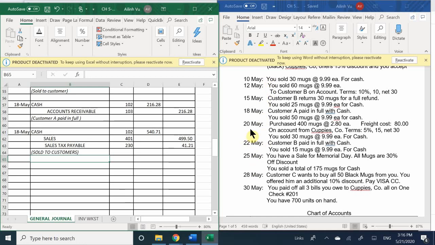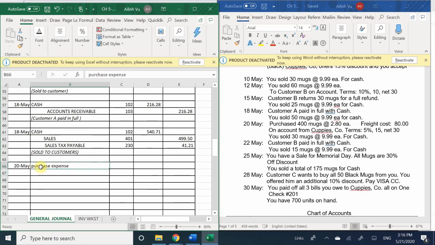Okay, so May 20th. We purchased goods, so that's a purchase expense on account.